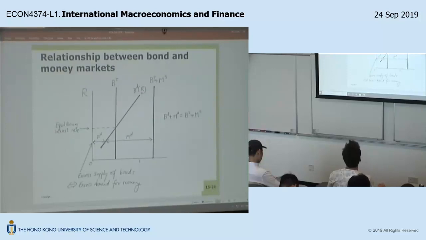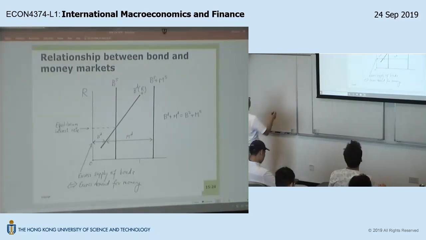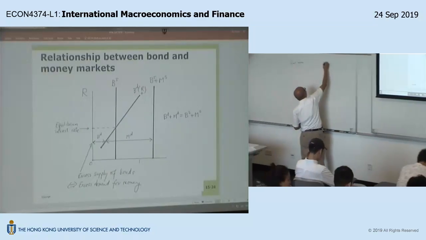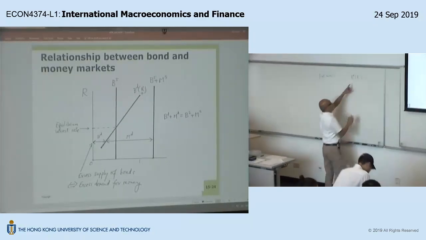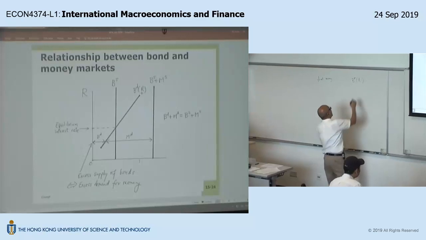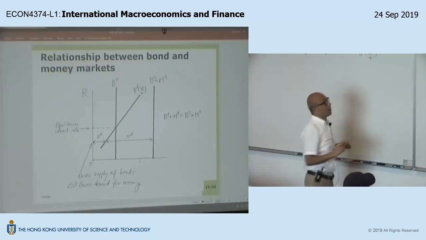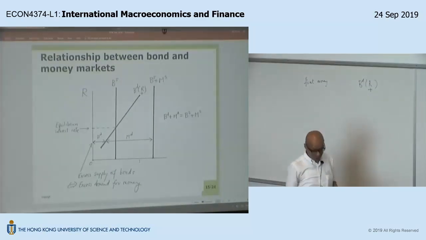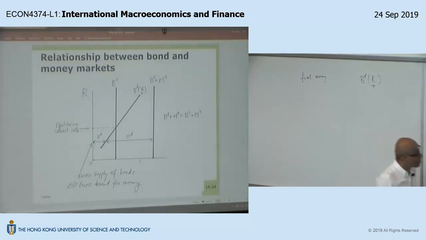Here is a diagram I want to show you. The demand for bonds is positively related to the interest rate. If the interest rate is higher, then people want to buy more bonds.